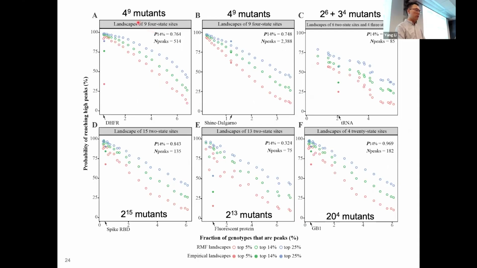with the same landscape size and the same number of variants and the same states, and we could find the x-axis is the fraction of number of peaks, because it is a key factor to determine the landscape ruggedness, and the y-axis is the probability of reaching high peaks, and the different dots indicate a different cutoff, because we could arbitrarily choose the top 5%, 40% or top 20% as the definition of a high peak.